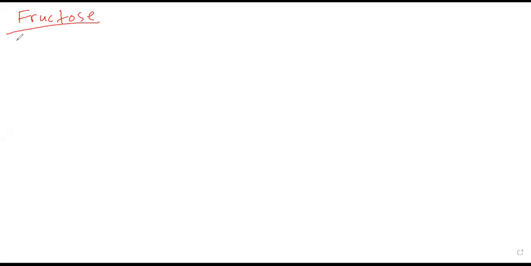So fructose is also a hexose sugar. Remember, glucose is called an aldose because it has an aldehyde group, while fructose is called a ketose because it has a ketone group.